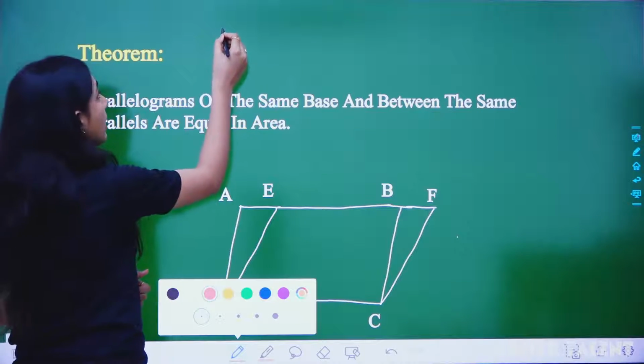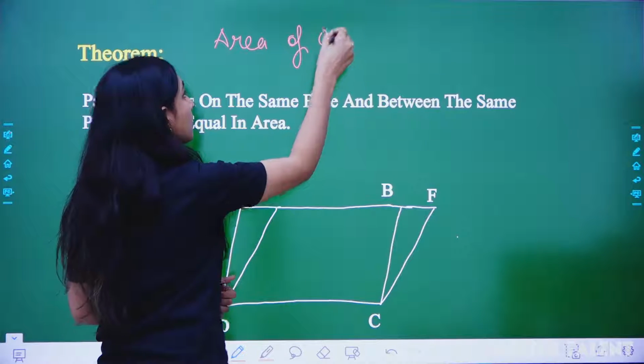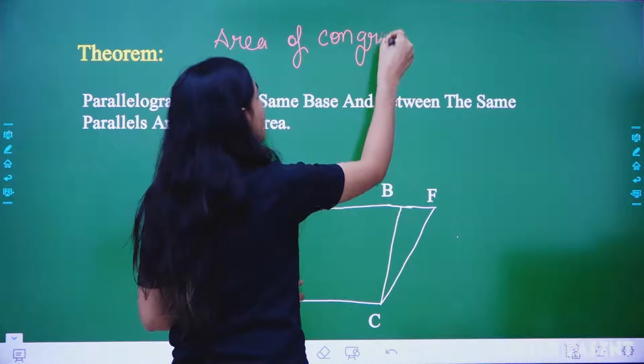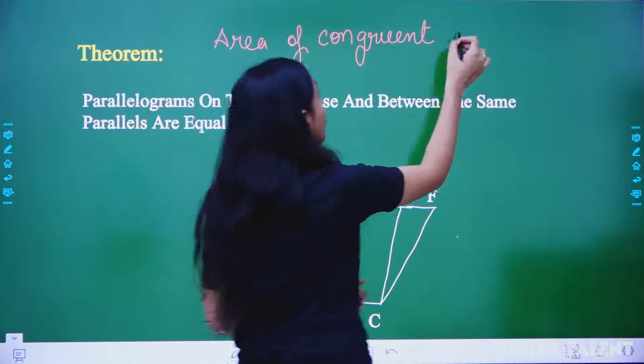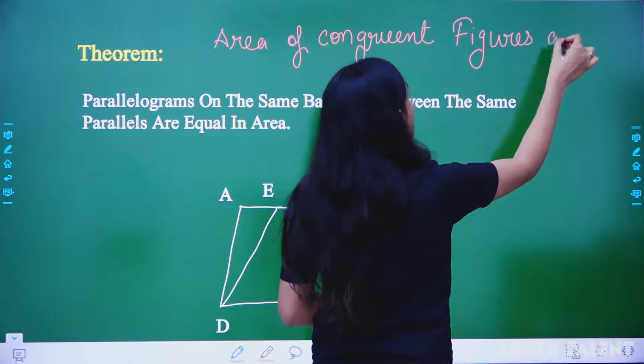The point is the area of congruent figures. Area of congruent figures are equal.